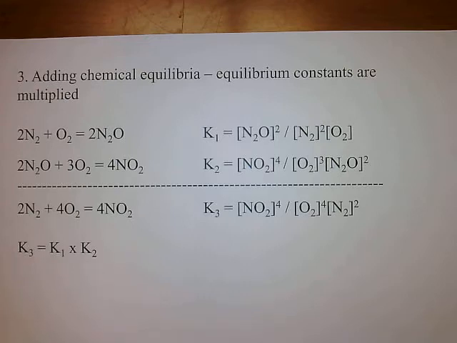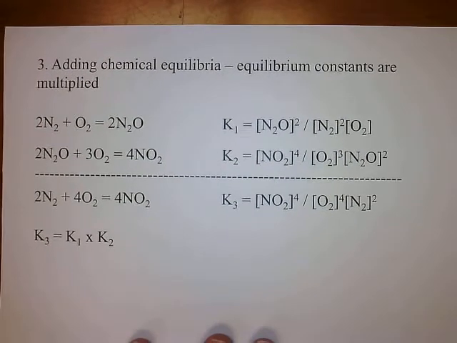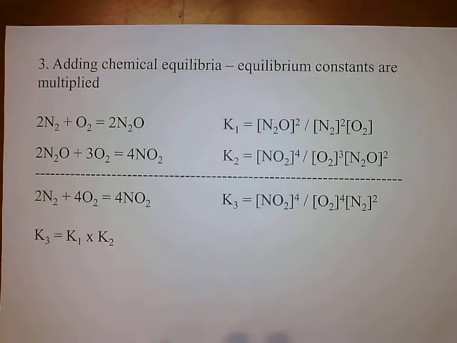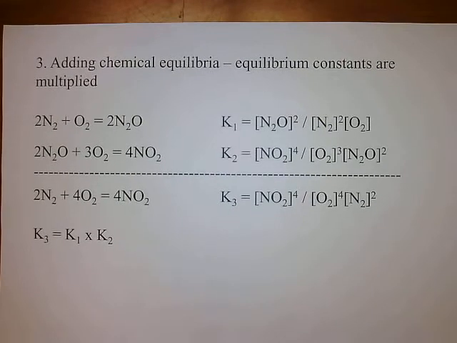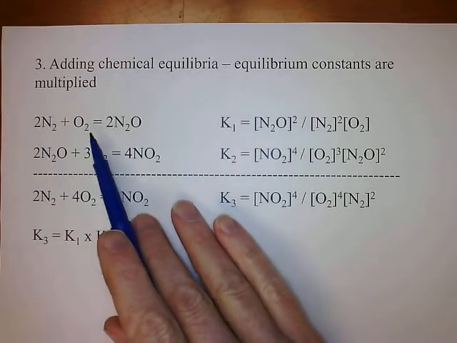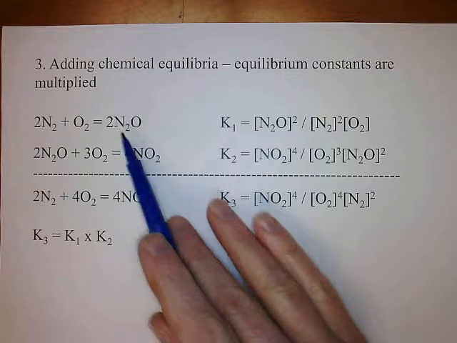The next thing is adding chemical equilibria. When you add chemical equilibria, the equilibrium constants are multiplied. So let's say we look at two reactions. N2 plus O2 makes 2N2O.